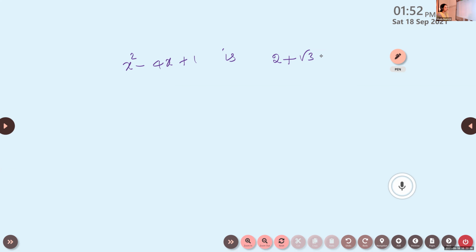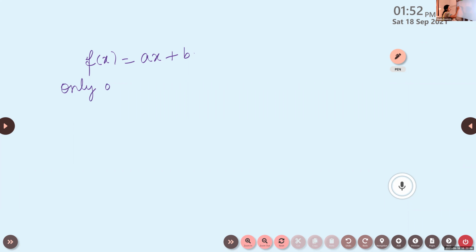So for solving this, what do you have to do? We have to use the relationship. What are the formulas we have learned? Suppose a linear polynomial takes the form ax plus b. How many zeros are there for a linear polynomial? Only one zero.